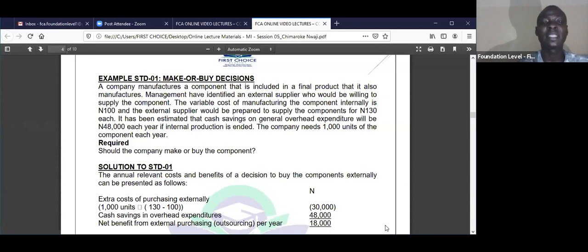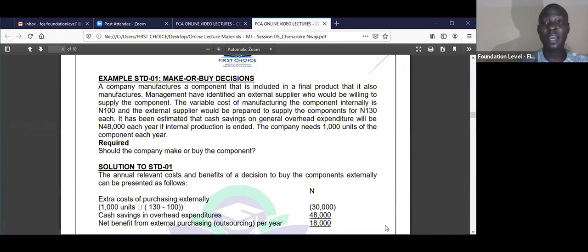It has been estimated that cash savings on general overhead expenditure will be 48,000 naira each year if internal production is ended. Internal production is making it in-house. So what they are saying here is, if you decide to stop making it in-house, your overhead will reduce by 48,000.